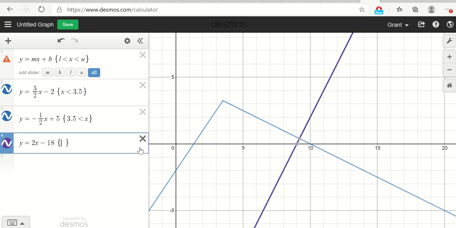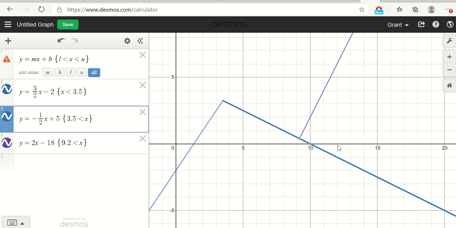So here I will introduce an inequality in these curly brackets. I only want to allow x values that are larger than 9.2. There you go. So now this particular purple line connects with this blue line, but it stops there, right? It stops at that intersection point.